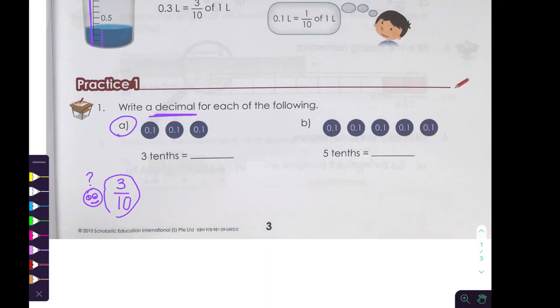Is this decimal? No, this is a fraction. This is a fraction form. So now we have to change it to decimal. I remember what decimal is. It has a point, the decimal point, which is this one. So it's 0.3. That's it. The question is also giving me a hint.